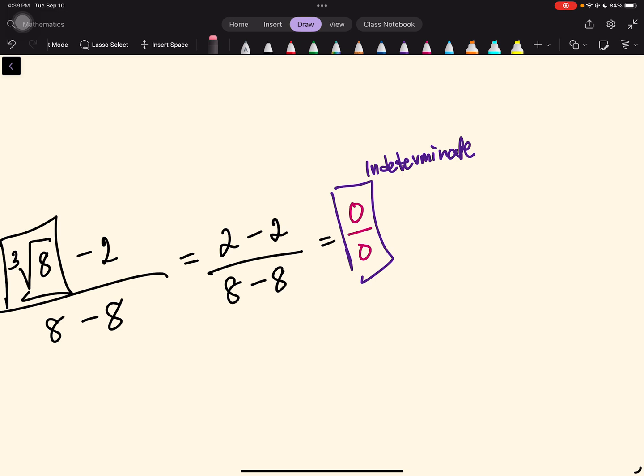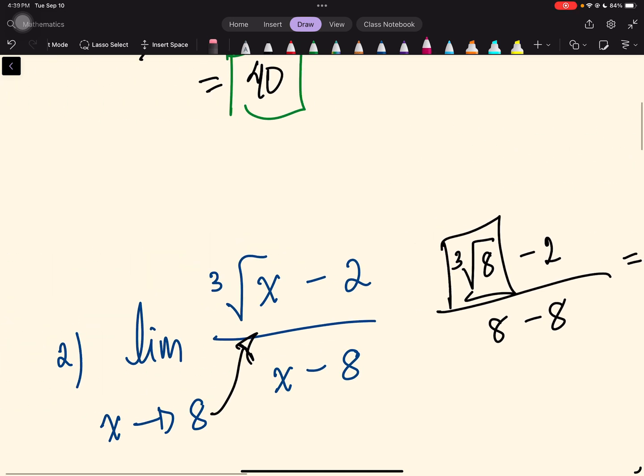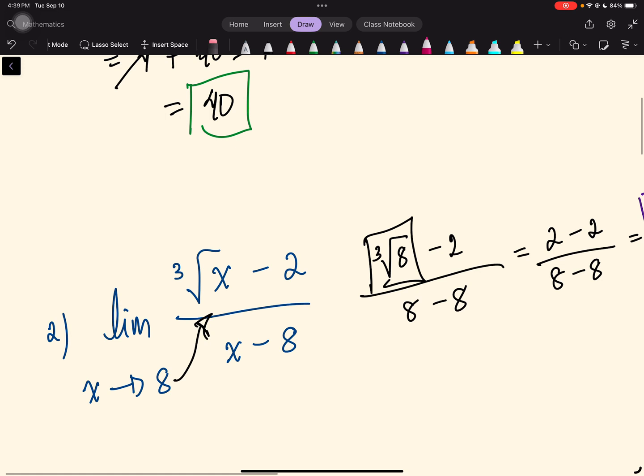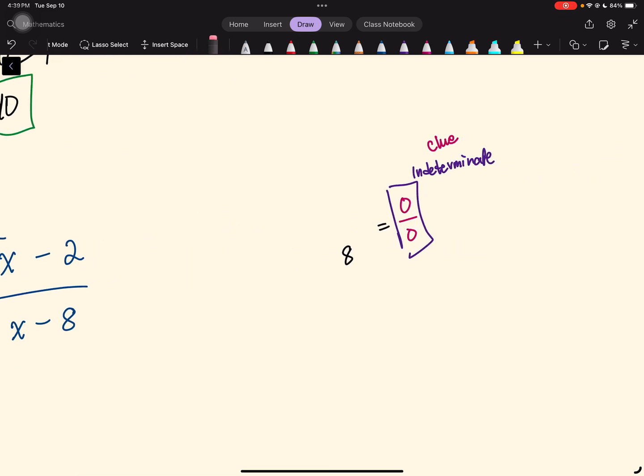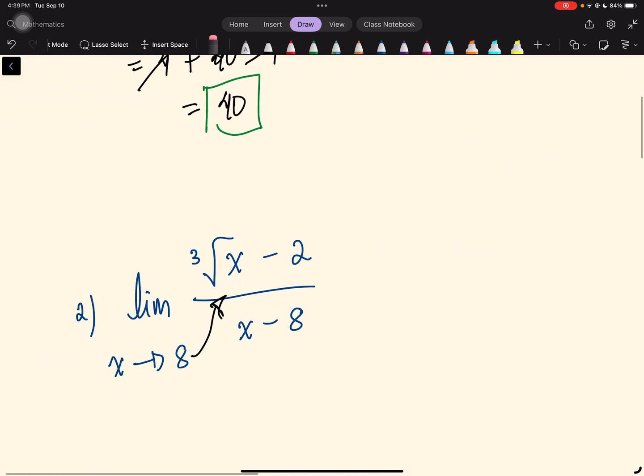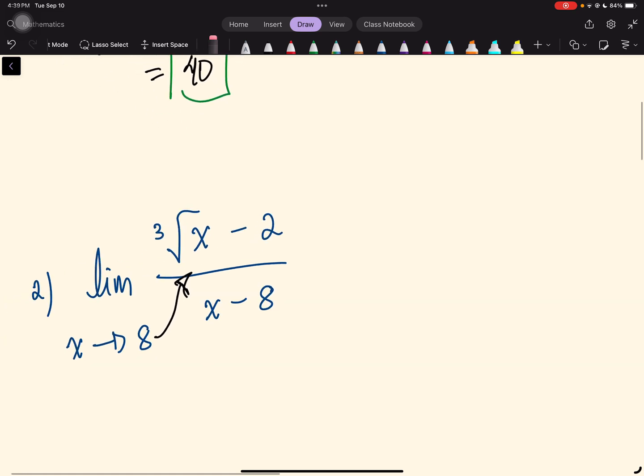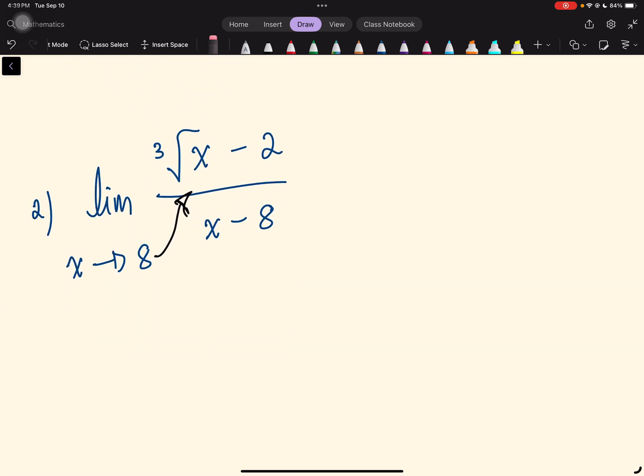This is a clue na pwede mo pasimplehin to. You can simplify this. So in fact, we can simplify this using conjugate, no? Actually, aside from conjugate, our goal here is to get rid of this cube root.